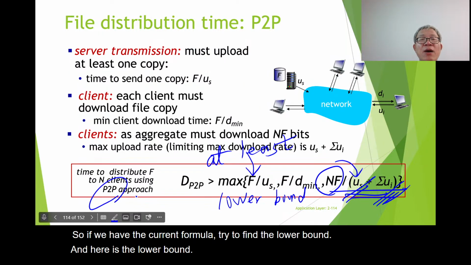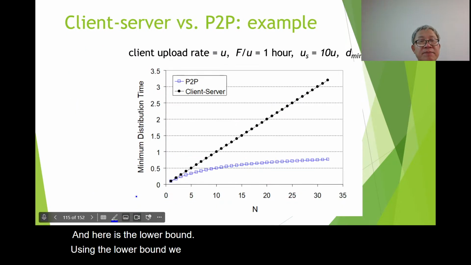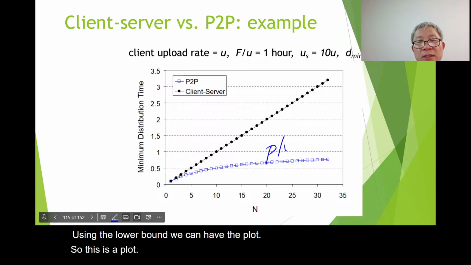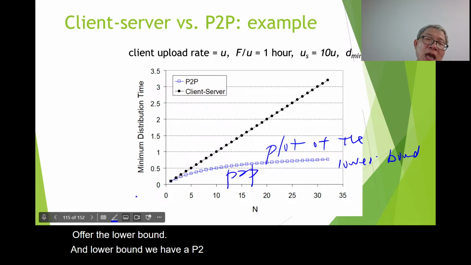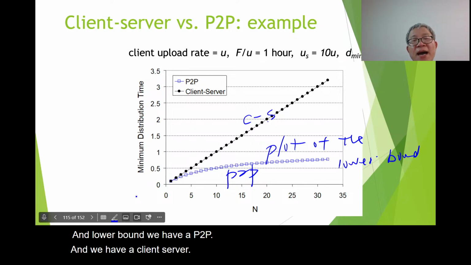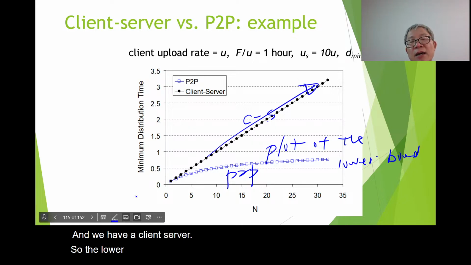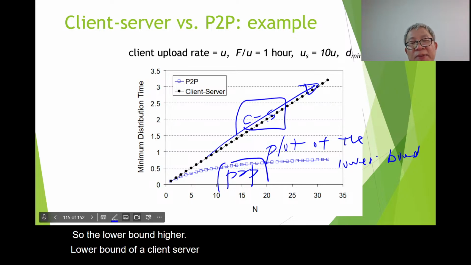Using the lower bound, we can make the plot. So this is a plot of the lower bound, for P2P and for client-server. The lower bound of client-server is higher than the lower bound of P2P.